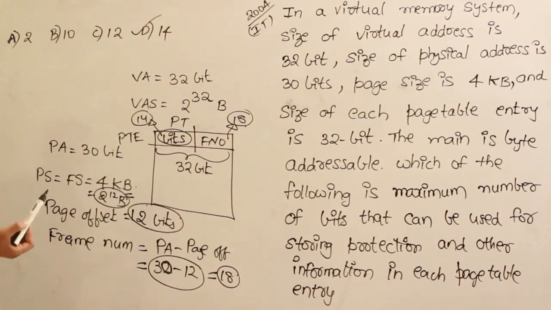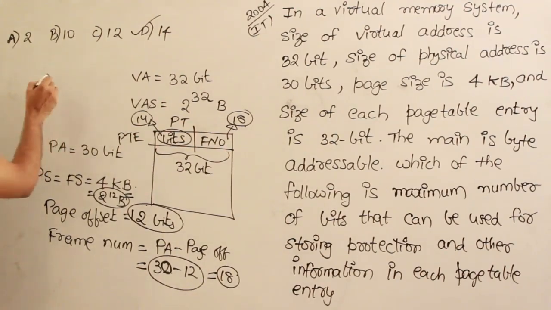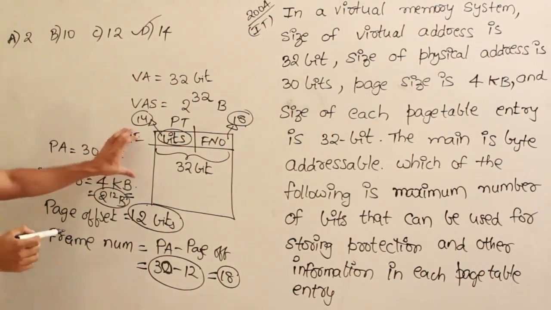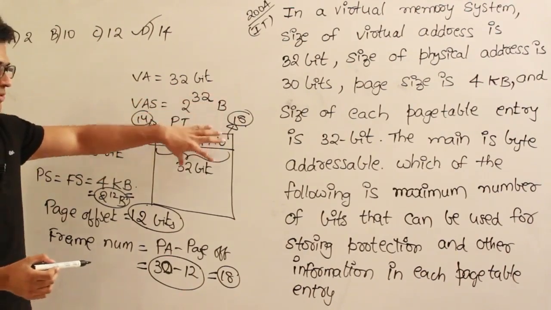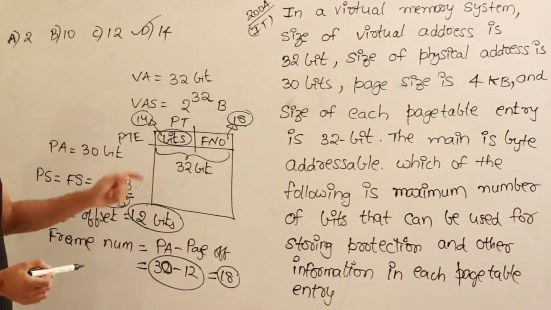In case they would like to ask what the page table size is, maybe we shall do it. Page table size depends on the number of pages times the size of each page table entry, right? For that I have to find out the number of pages.